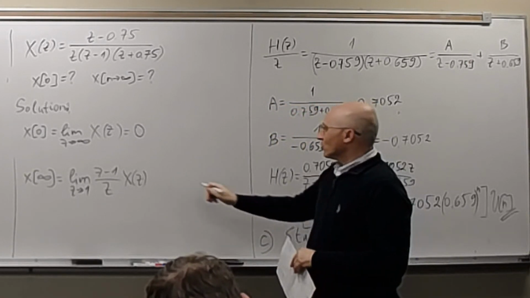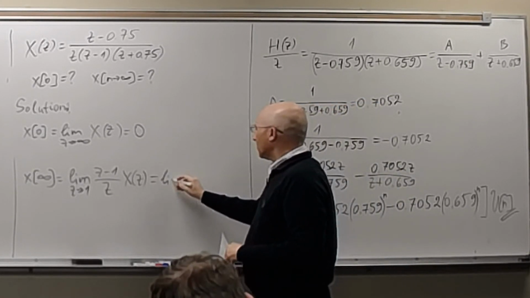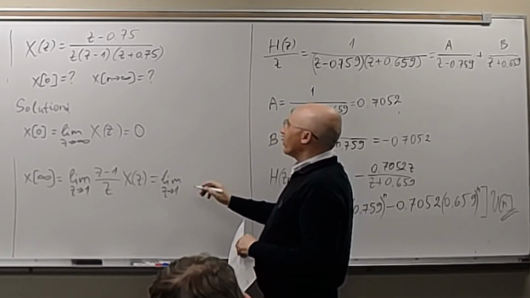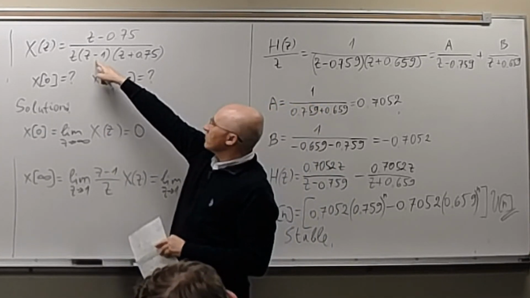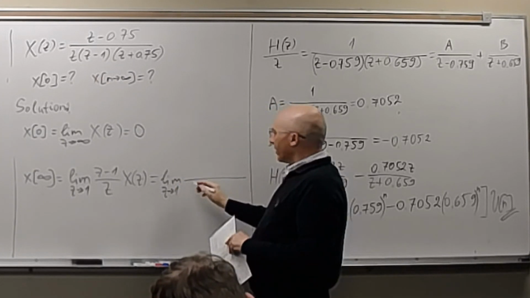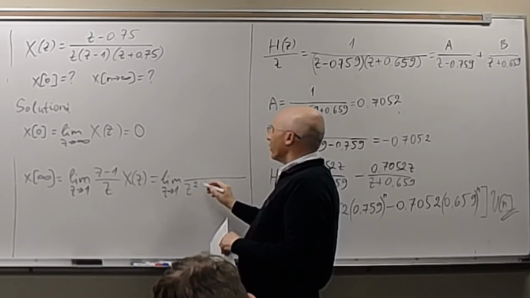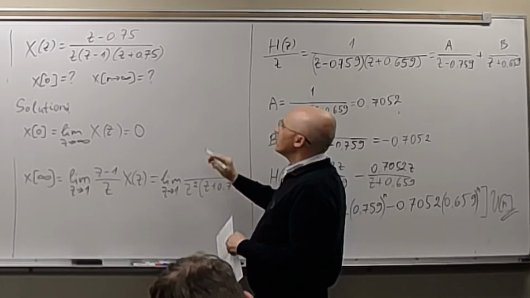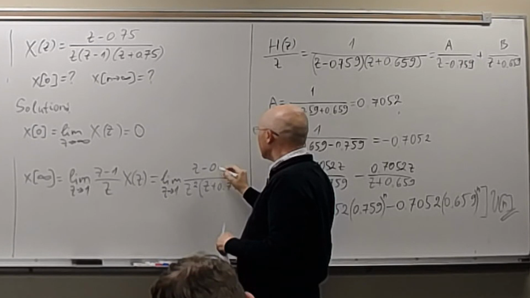How about this one? Let's write that one. More specifically, z goes to 1, and here we have z minus 1 cancelled with z minus 1, right? And here we have z squared, z plus 0.75, and here z minus 0.75.